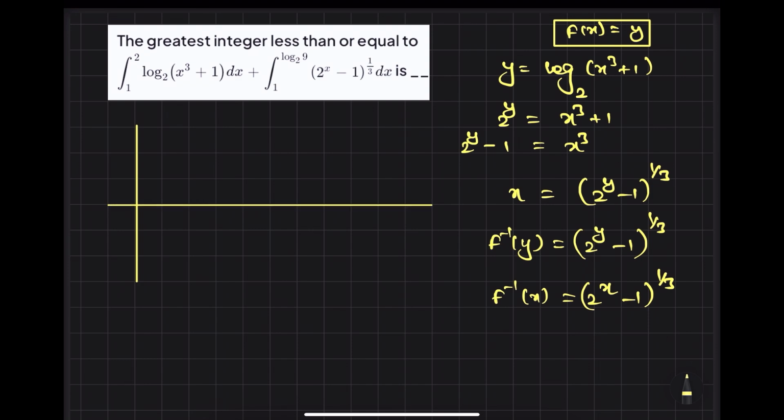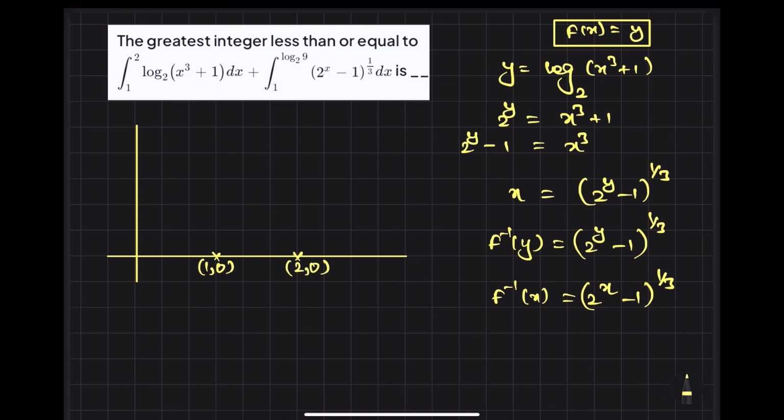So we are interested in finding the area from 1 to 2. So it is 1 comma 0, and then we have, wait, I will take some more area. Okay, so this is 1 comma 0, this is 2 comma 0.